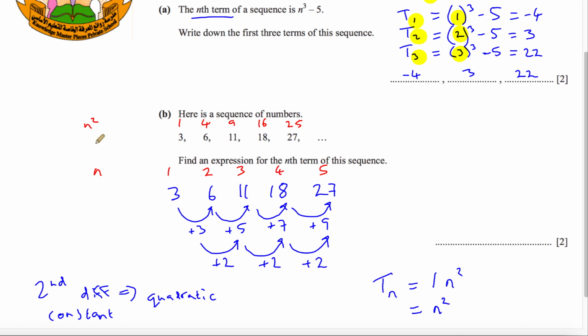So Tn for this sequence here is actually n squared plus 2. So the answer for Tn for the sequence is n squared plus 2. There is another way you can do this, which I'll show in another video.